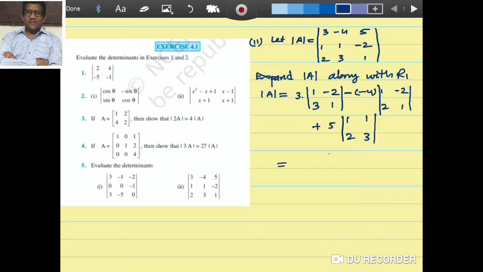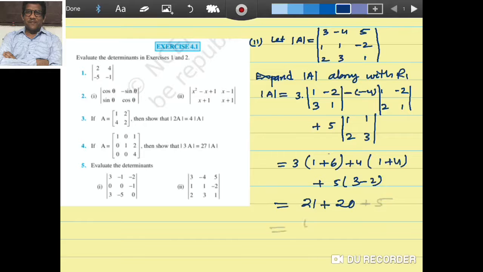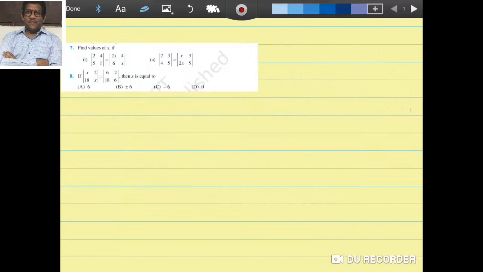Now we get 3 into 1 plus 6, plus 4 into 1 plus 4, plus 5 into 3 minus 2, that is 21 plus 20 plus 5, 46.